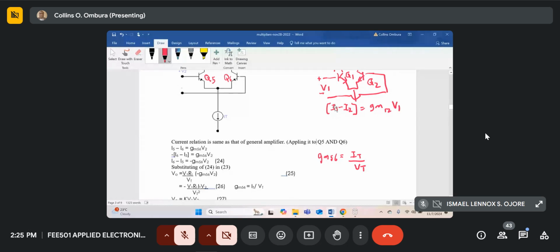Instead of I1, I put I5, shown over here. Instead of I2, I put I6. And the GMs, now I'll call it GM of transistors 5 and 6, is equal to V2. Instead of V1, it is V2. So I've gotten an equation here of how current I5 and I6 varies as a function of V2.